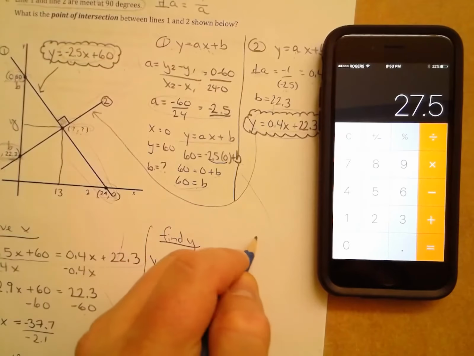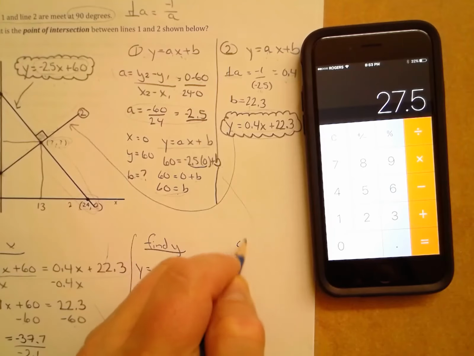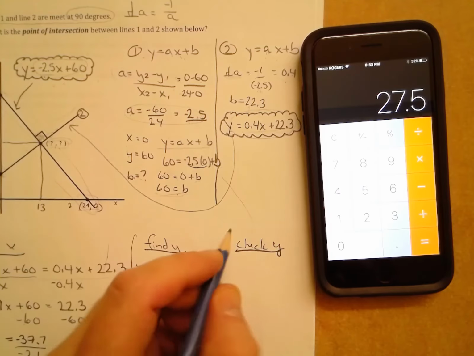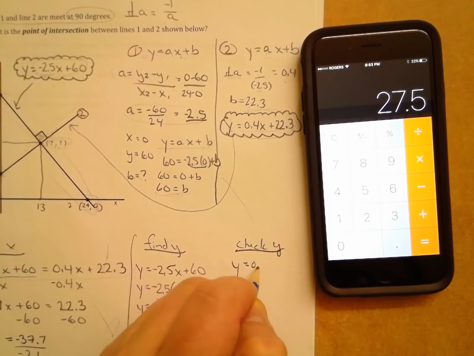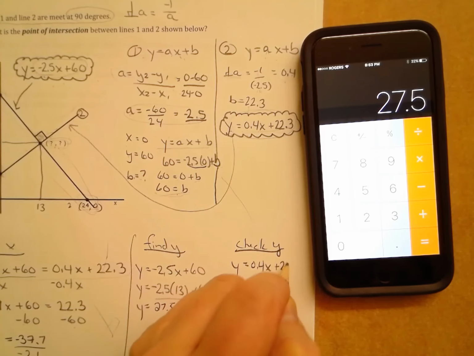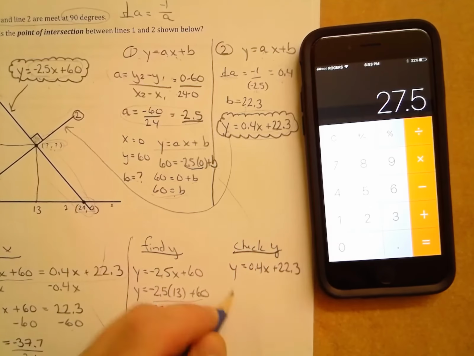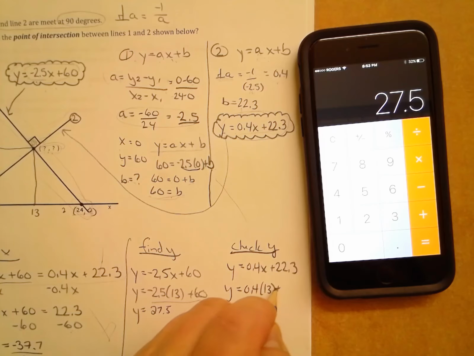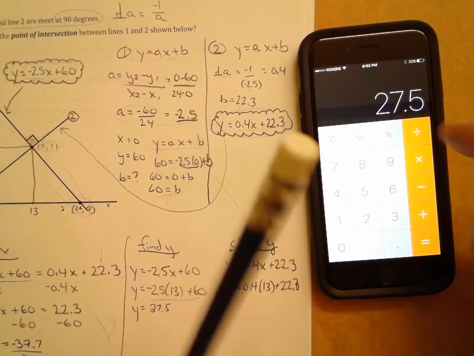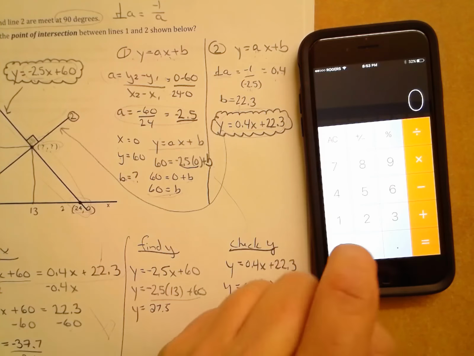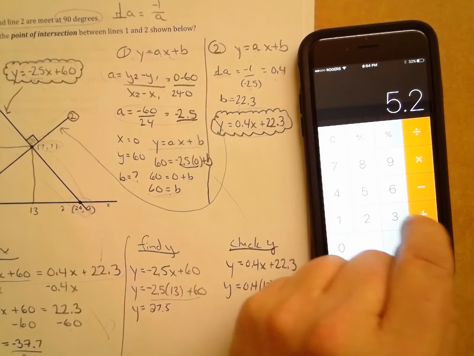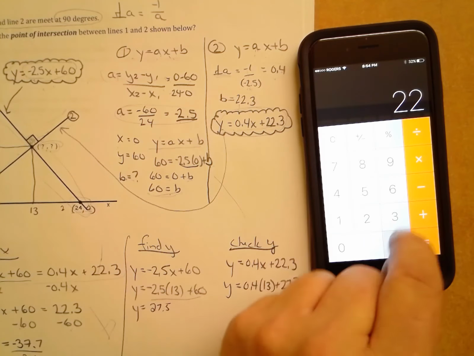Now let's say you want to be sure. Well, once again, we can check. We can check y in the other equation, because y is equal to 0.4x plus 22.3. And so y will be equal to 0.4 times 13 plus 22.3. 0.4 times 13 is equal to that, plus 22.3.